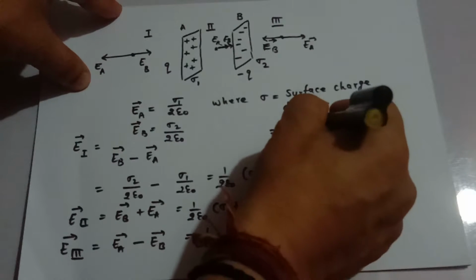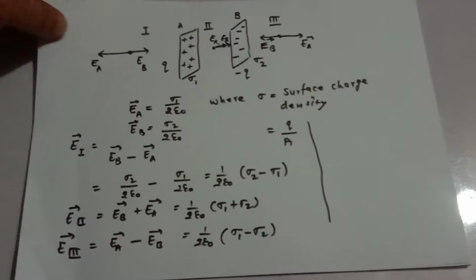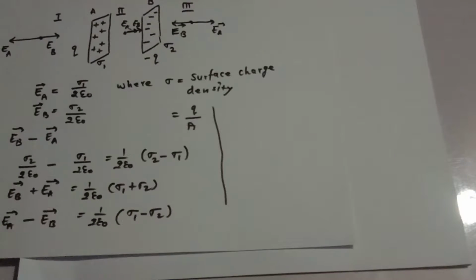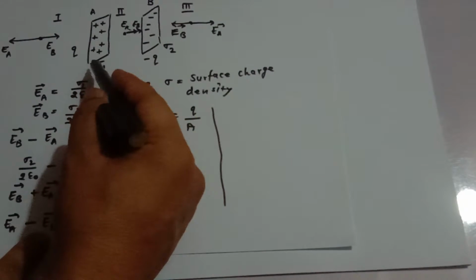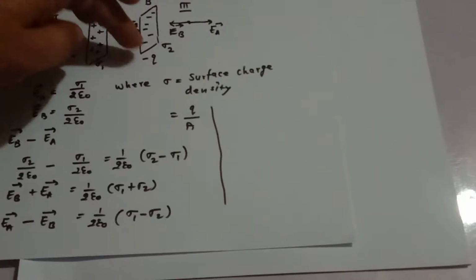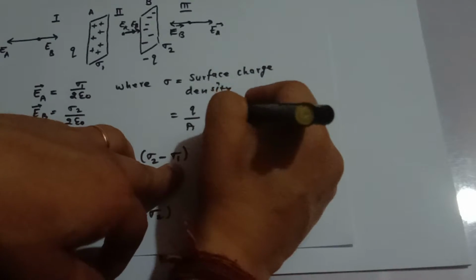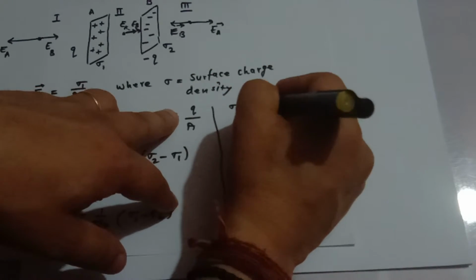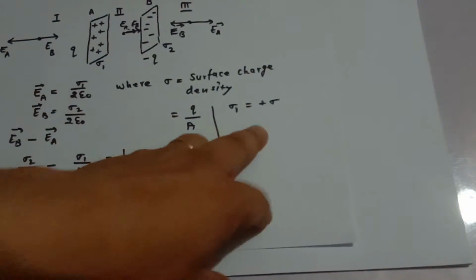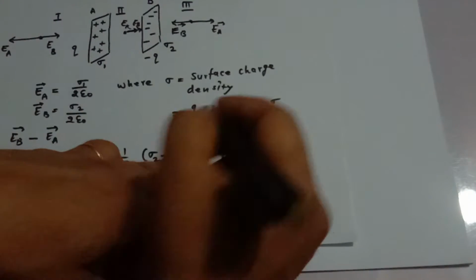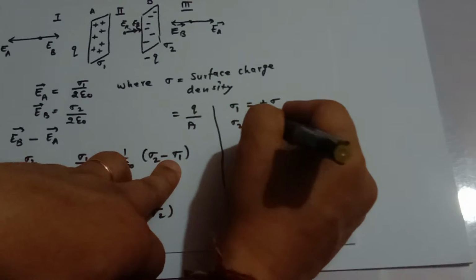Now suppose I consider a special case, where one sheet has charge plus q and the other has minus q. So let us consider that sigma 1 is equal to plus sigma, the surface charge density having charge plus q, and similarly sigma 2 is minus sigma, having charge minus q.